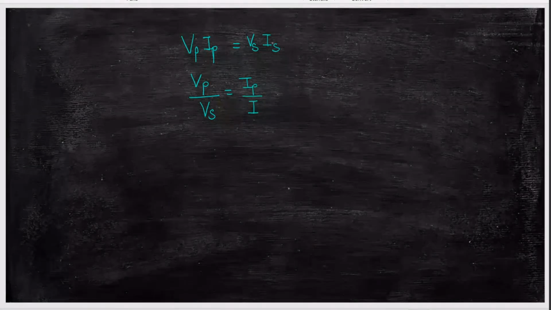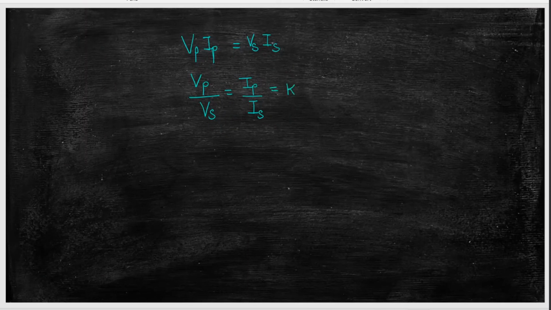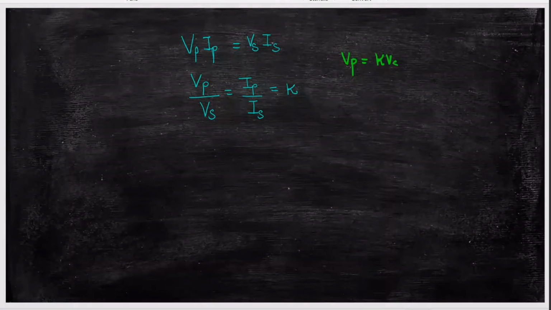Ip by Is is equal to some K. That means Vp is equal to, from this what we can write, Vp is equal to K times Vs.